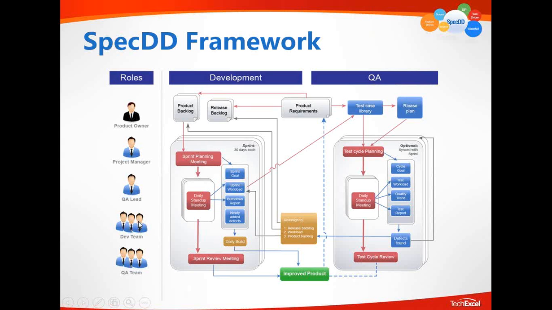Often there are 1 or 2 QA floaters in the SpecDD model who join the development team. While working with the development team, the QA floaters, from the organization point of view, belong to the QA organization. In other words, the QA team assigns 1 or 2 members to each Agile team.